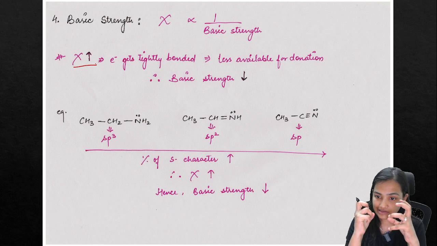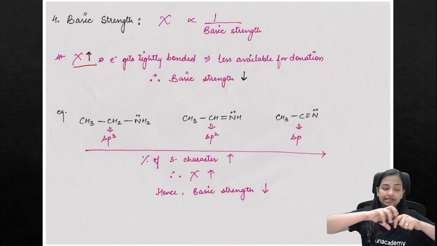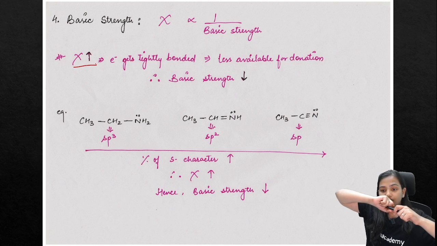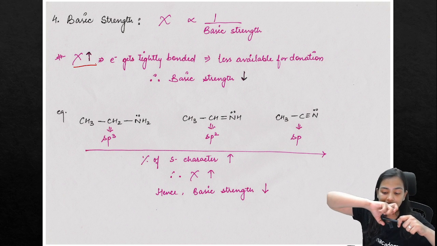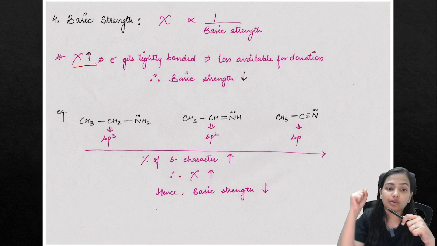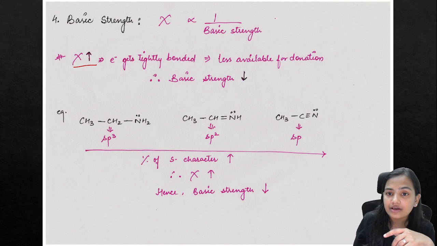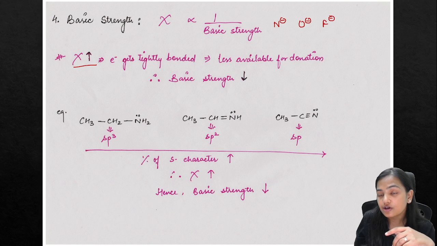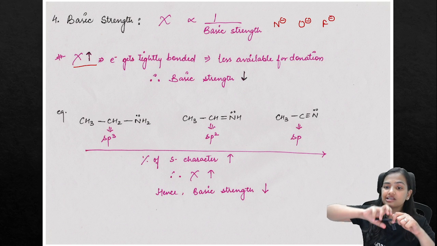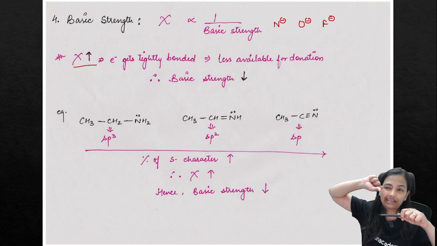Electronegativity increases means the tendency to pull the shared pair of electrons increases. So here the electron gets very tightly bound. If I am talking about nitrogen, oxygen, fluorine, fluorine has a tendency to keep its electron more tightly held by the nucleus.